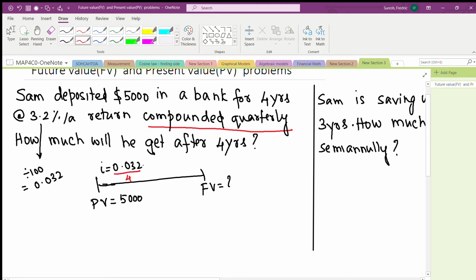That's because you're calculating this interest rate 4 times a year, and this rate here is an annual rate, so you have to divide that by 4. Now the number of times you have to calculate in all is 4 years, but each year you're calculating 4 times because of this quarterly, so it is 4 times 4, 16 times.